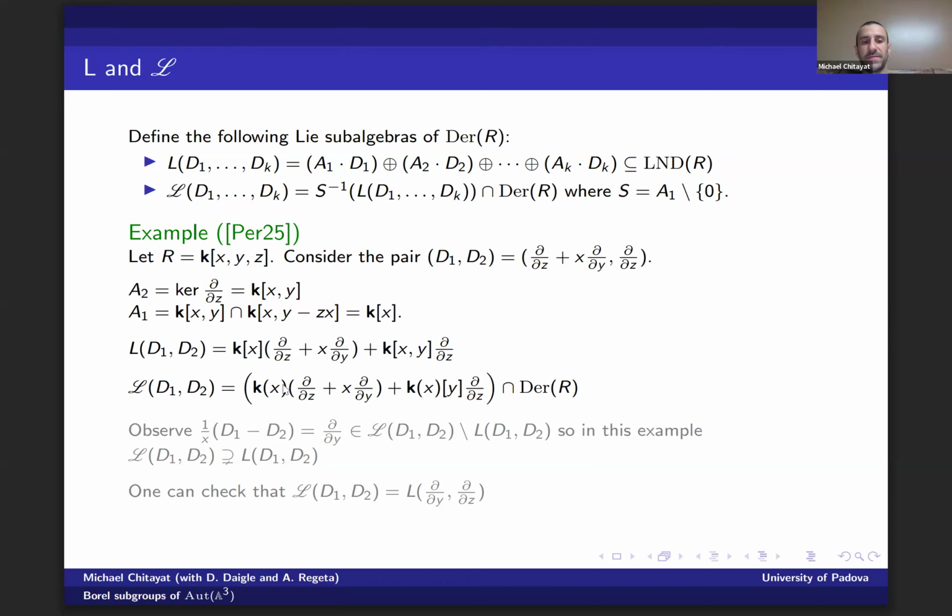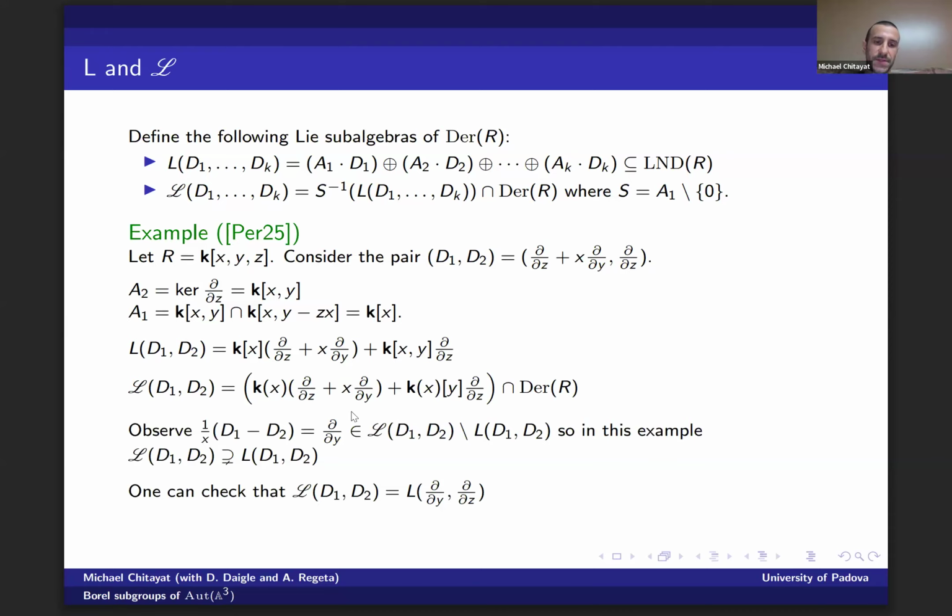Any element of the function field of kx times your first derivation plus, I guess, a polynomial ring in one variable over the function field times your second derivation. Anything in there remains a derivation of R.